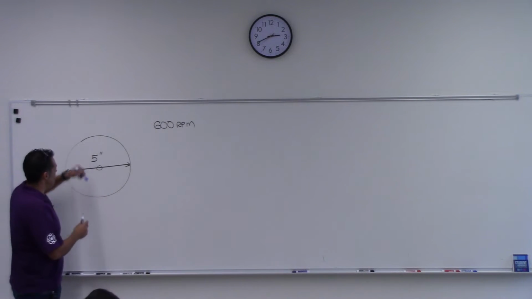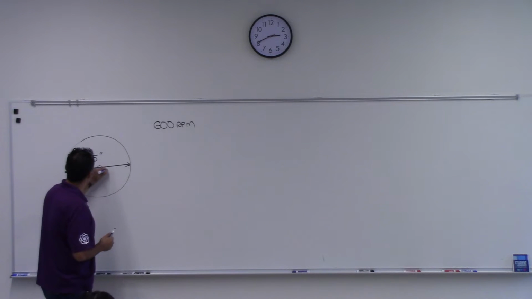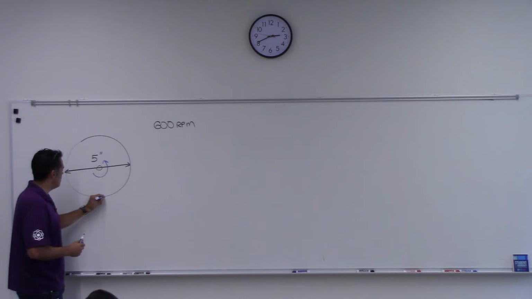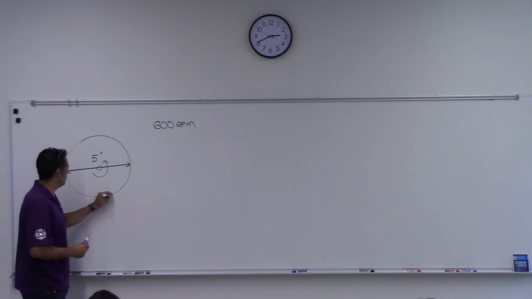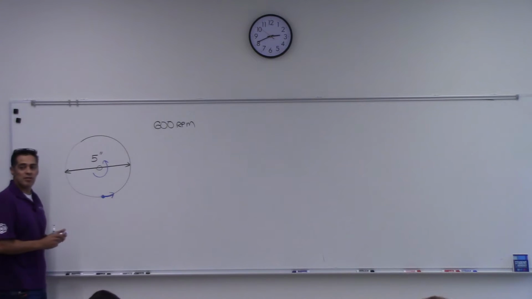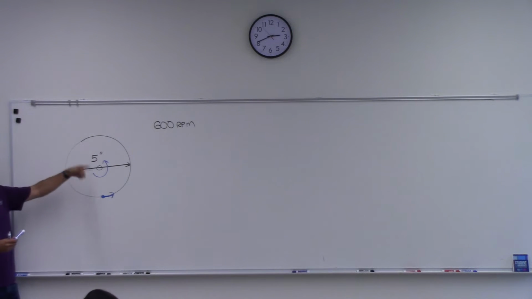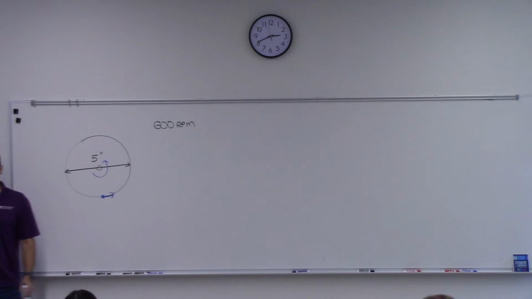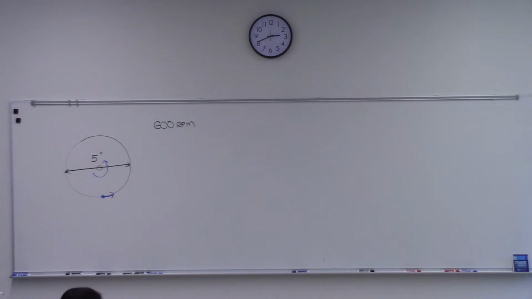So as this spins, I don't know if it spins clockwise or counterclockwise, but as it spins, this point's moving along this curve. And the question is, what's the speed of that point in miles per hour? There's a couple of ways to look at this problem.